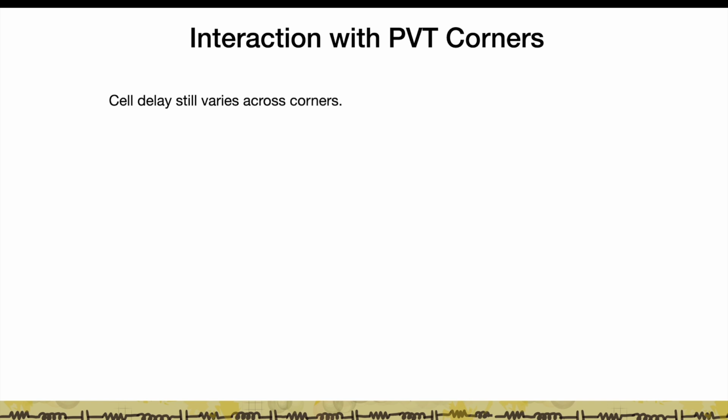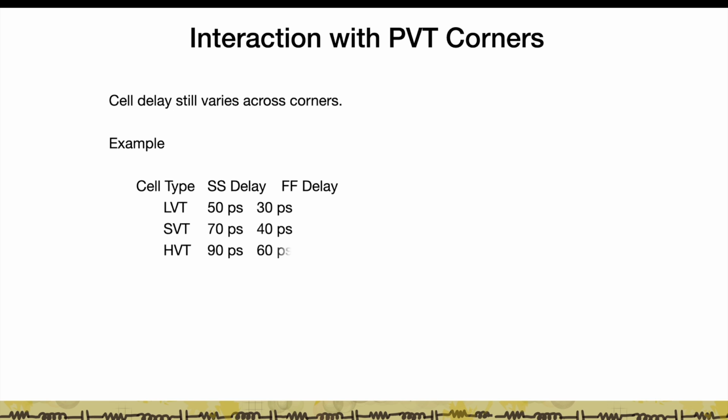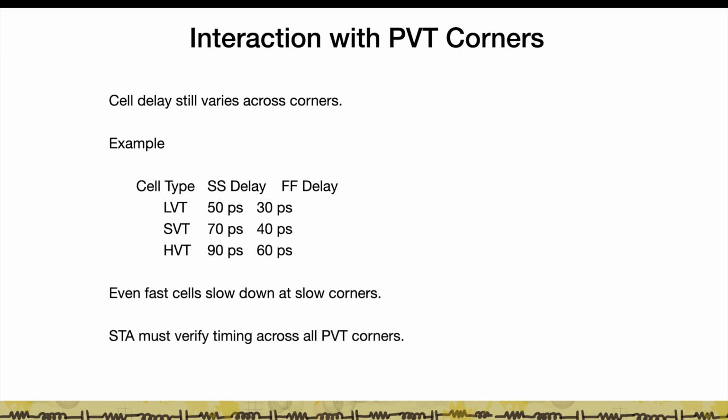One important wrinkle: VT optimization doesn't happen in a vacuum. Cell delays vary not just with threshold voltage, but with process, voltage and temperature, the PVT corners. A low VT cell that blazes at 30 picoseconds in the fast corner might slow to 50 picoseconds or more under worst case process and high temperature. This means you can't just optimize for nominal conditions and call it done.